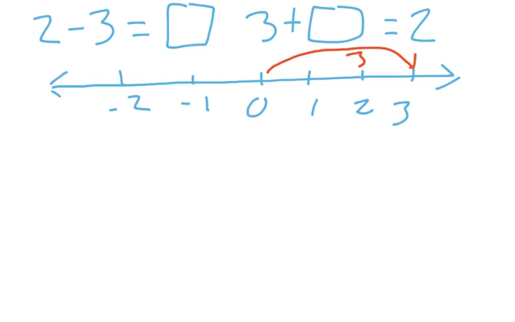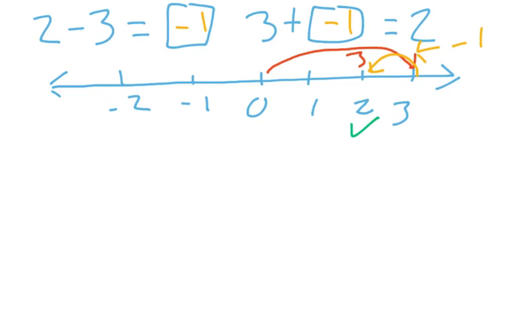What do I add to that so that I end up at 2? Well, I want to end up here at 2. So if I'm at 3 and I want to end up at 2, I would have to draw an arrow that goes 1 unit to the left, and that would be -1. 3 plus -1 is equal to 2, or 2 minus 3 is -1.